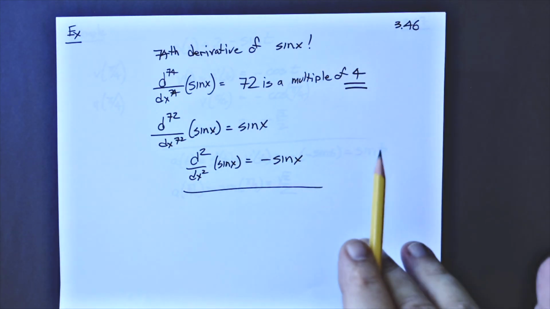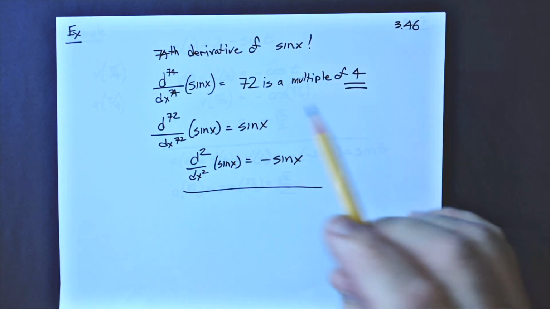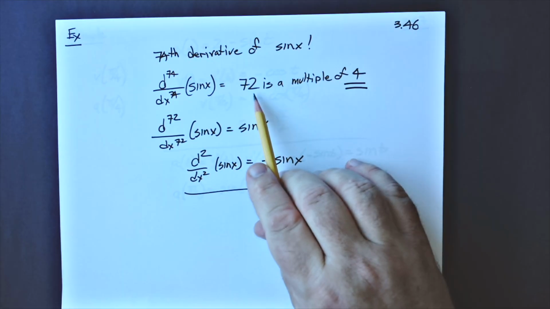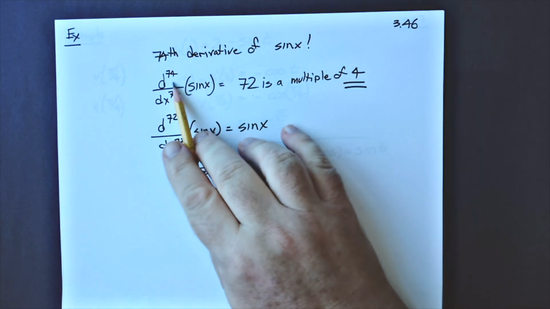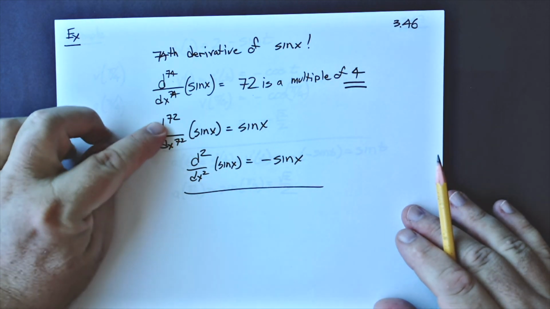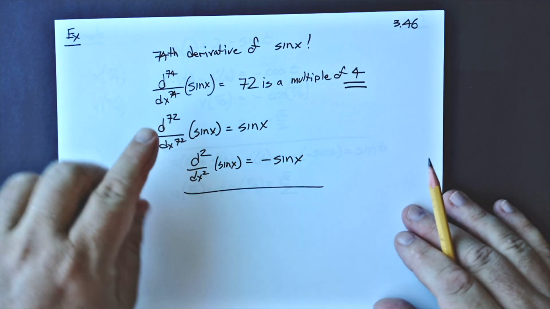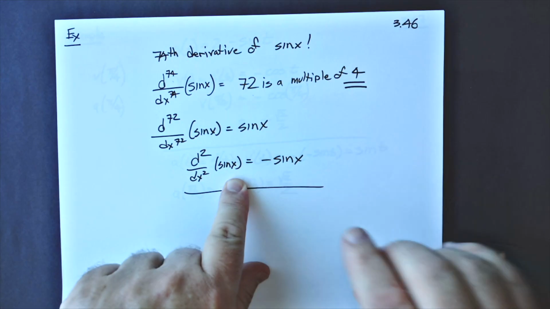So we know, and I showed you before, that every multiple of 4 loops back on itself. So 72 is the last multiple of 4 before I get to 74. So as soon as I get to 74, I'm starting all over again. So the 74th derivative of the sine of x is the same as the second derivative of the sine of x.